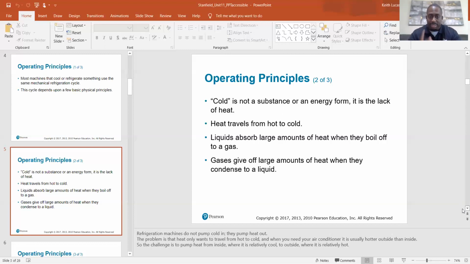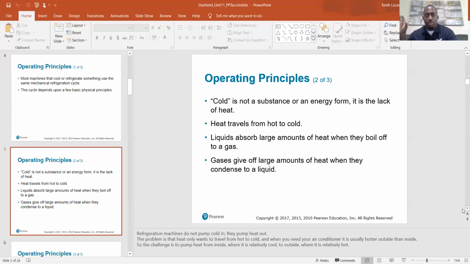And then that same vapor that was just liquid a moment ago, it evaporated into a vapor, absorbed all the heat from the air. That same vapor with all that absorbed heat energy is shot straight out to the compressor, and then from the compressor into the condenser coil, and then that's when it condenses to a liquid and releases the heat.